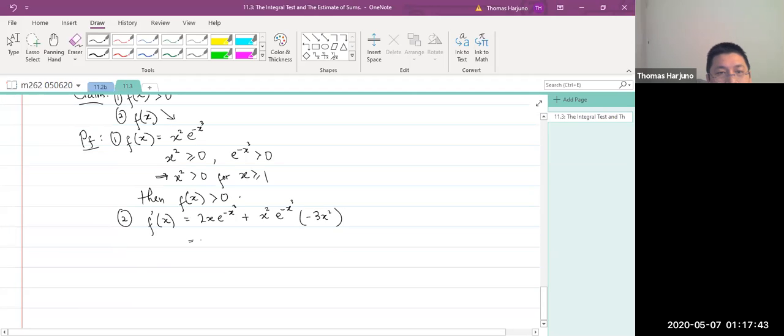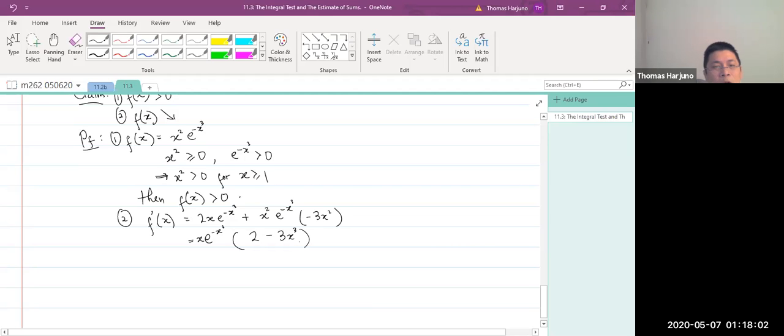This is equal to, let me factor e to the negative x cubed out, actually I can take the x out also, x times e to the negative x cubed times (2 minus 3x cubed).